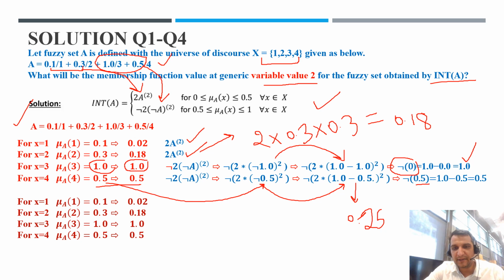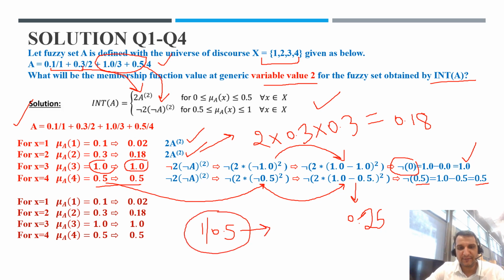After that we have to take negation, so 1 minus 0.5 is again 0.5. I already told you that for the case of 1 and 0.5, the new value will be exactly the same.